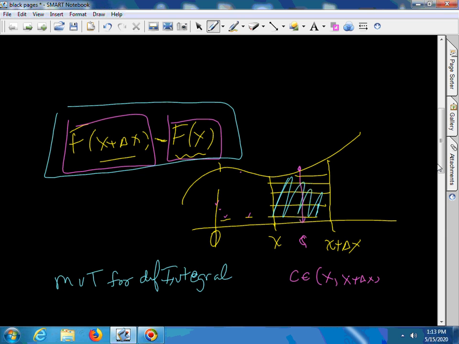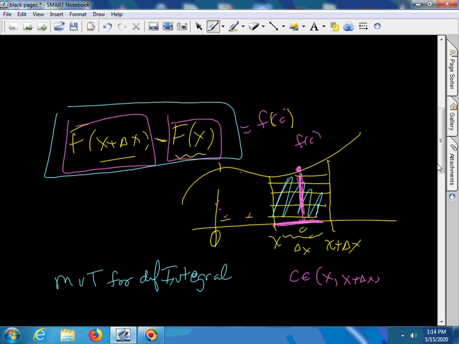So this height is f of c, and when you multiply it by the base, which is delta x, you get the exact area.